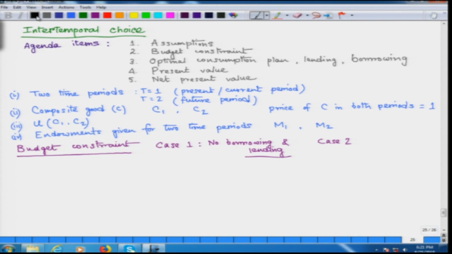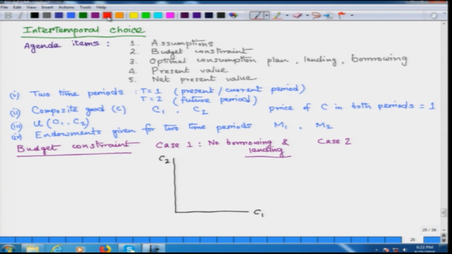So, now we are going to draw the budget line in the consumption plane, where the current consumption C1 is measured along the horizontal axis and the future consumption C2 is measured along the vertical axis. Now, the consumer starts with an endowment, right. So, the endowment is basically M1 and M2, the income levels in two different periods.